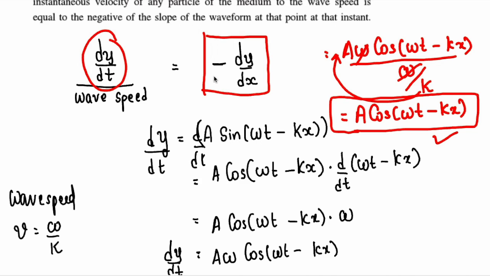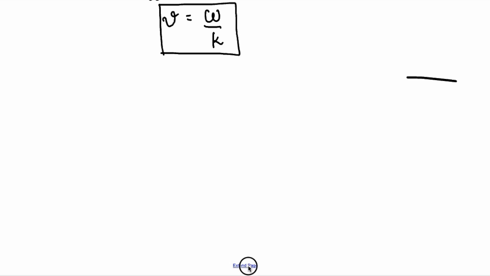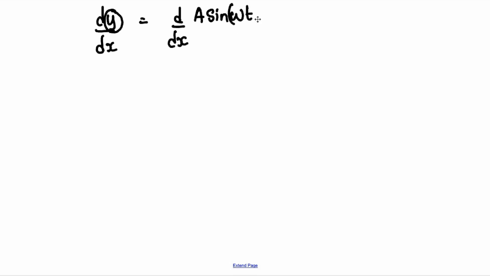So let us find minus of dy by dx and see what it gives. We know dy by dx is the differentiation with respect to x of y. What is our y? That is a sin(omega t minus kx).